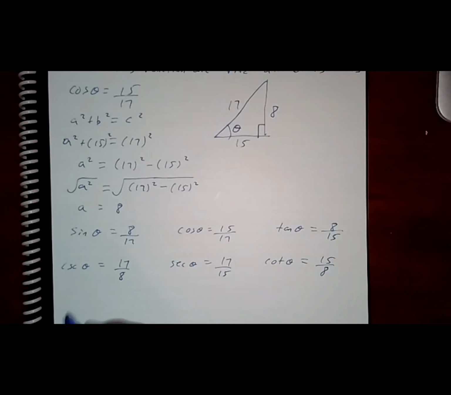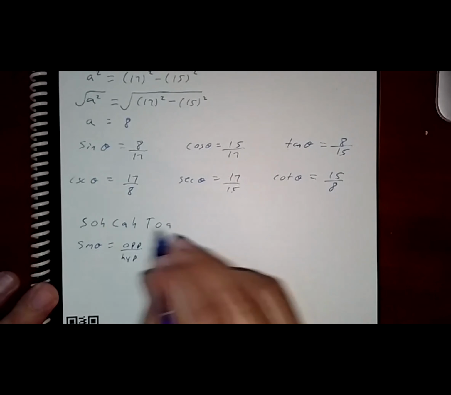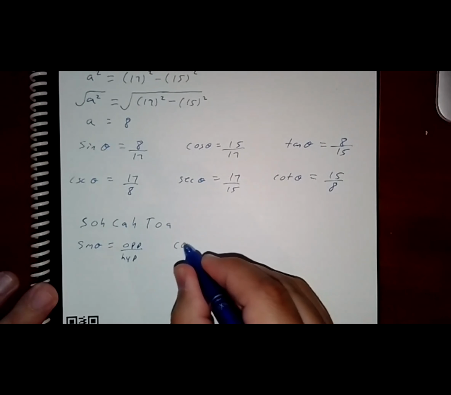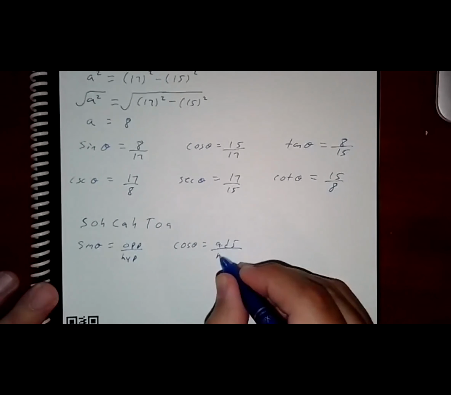And I don't know if you guys remember, SOHCAHTOA helps me remember what is what, right? So sine theta is OH, opposite over hypotenuse. CAH for cosine is adjacent over hypotenuse.